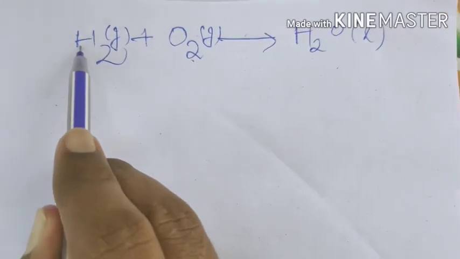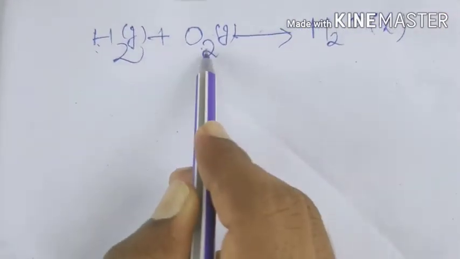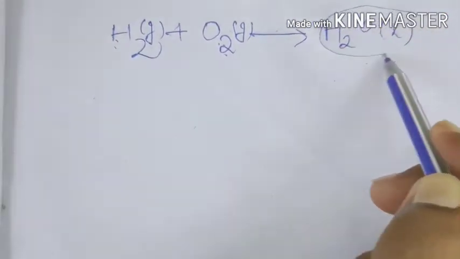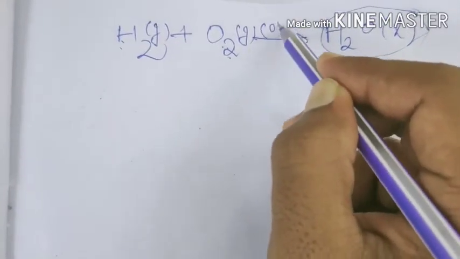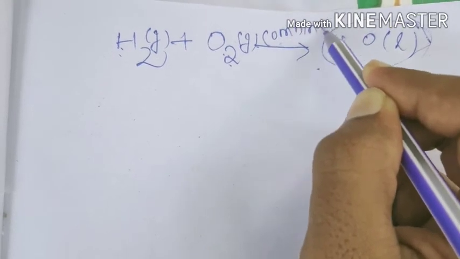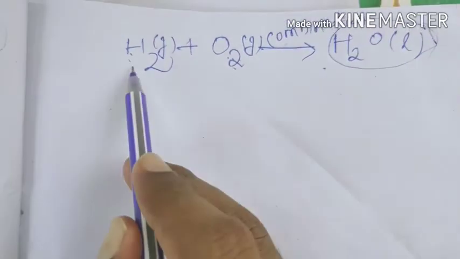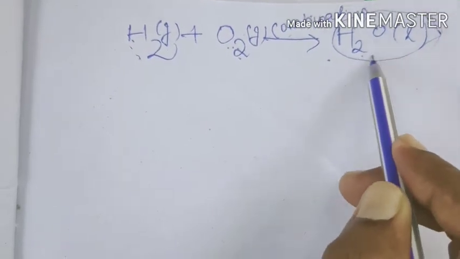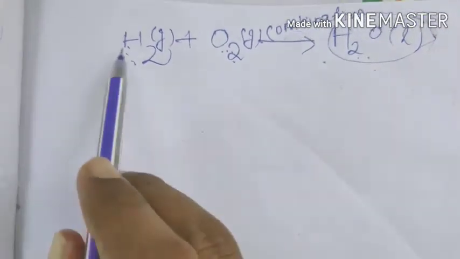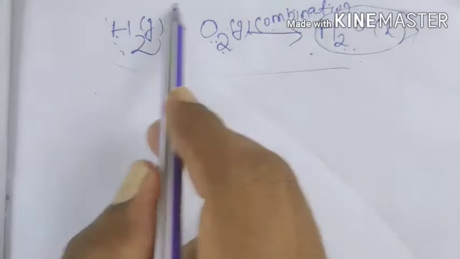So here two reactants are involved to produce a single chemical compound, a single product. So it is also called a combination reaction.